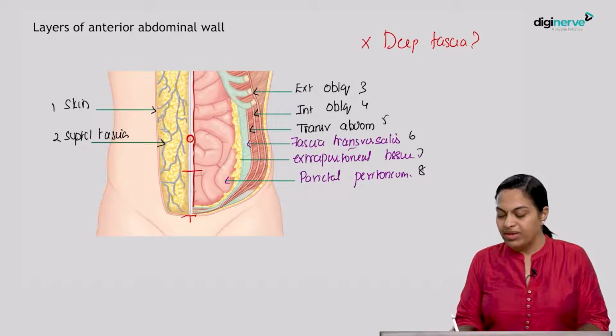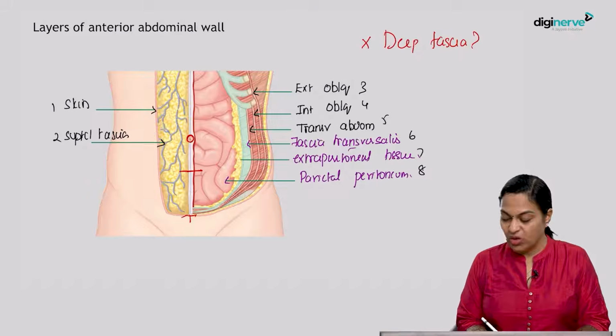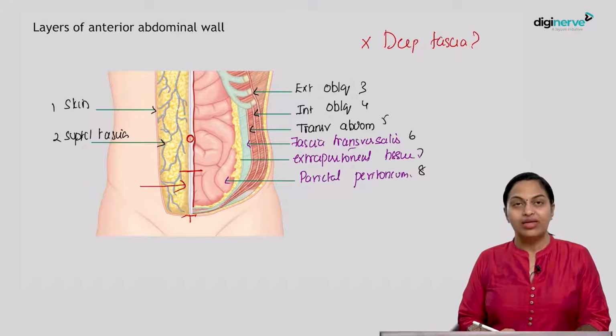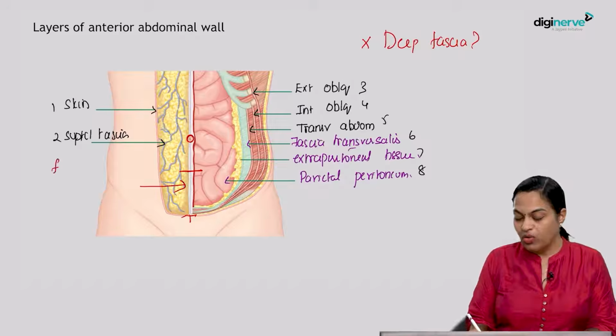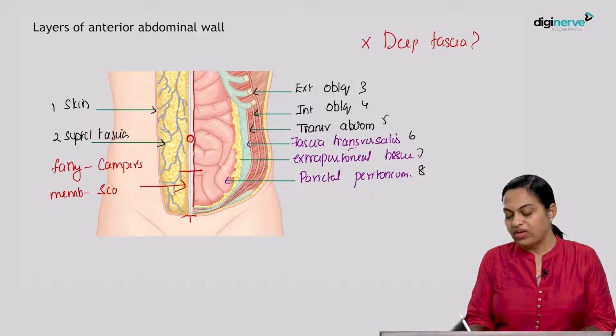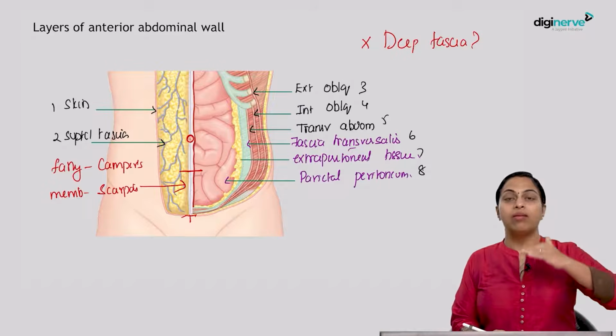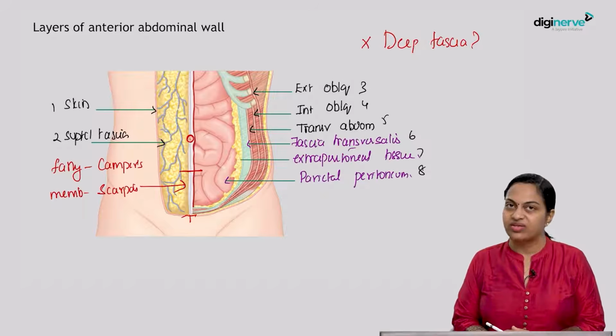Midway between the umbilicus and pubic symphysis, this superficial fascia, this lower part, this point, is split into two layers. Outer fatty layer, which is called Camper's fascia, and inner membranous layer that is called Scarpa's fascia. A point midway between the umbilicus and the pubic symphysis.